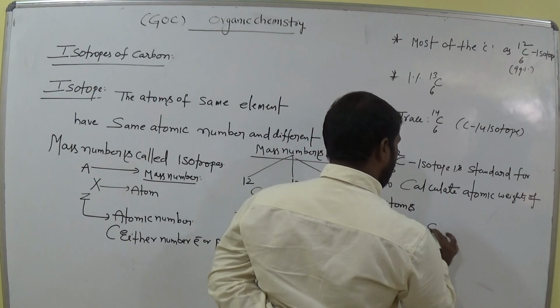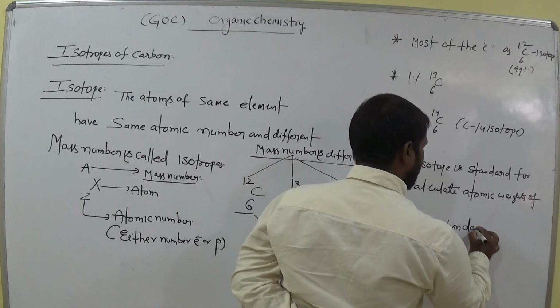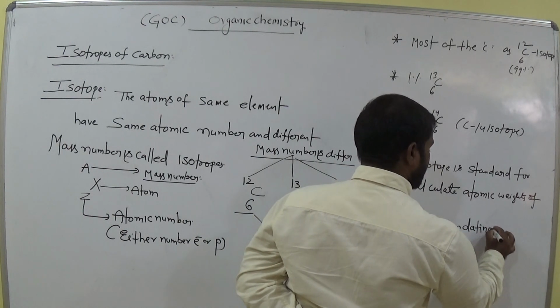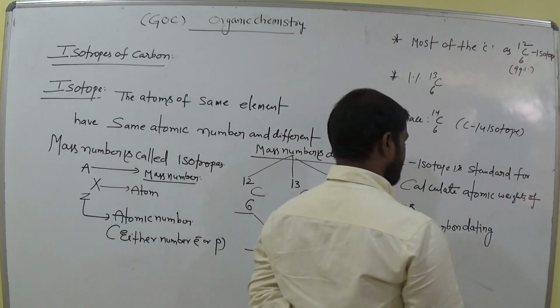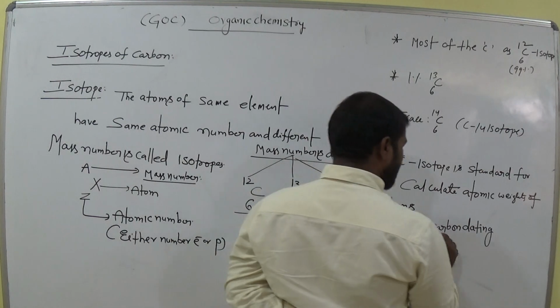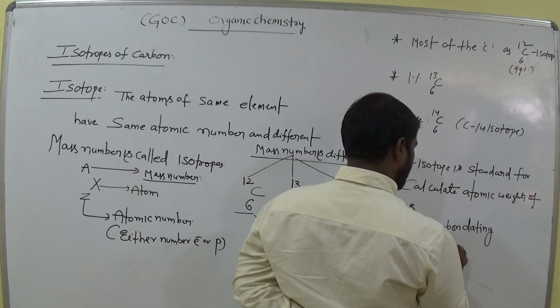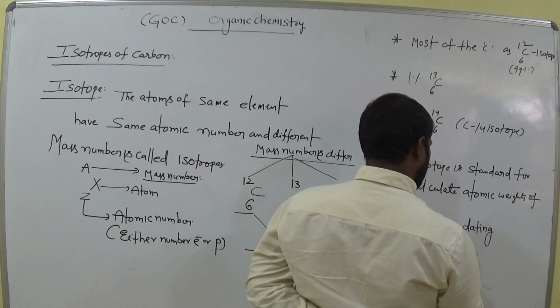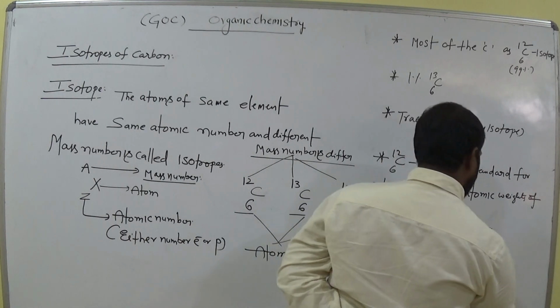C14 isotope is called carbon dating. I will explain what is carbon dating. It is a radioactive carbon dating.